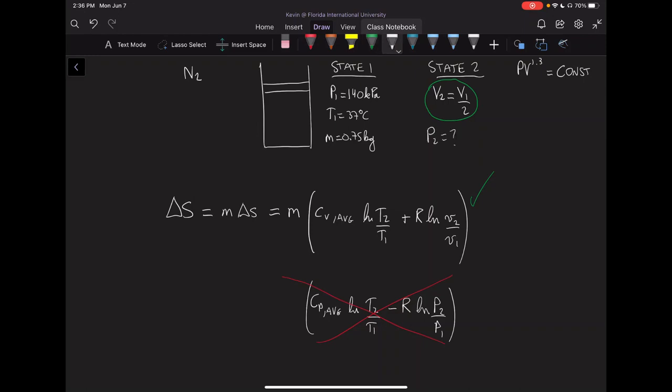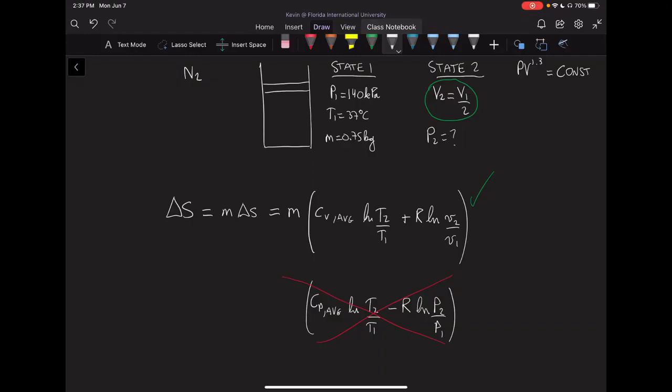So we try to keep it simple and use the equation that has the most information on it. You could have chosen the other one, and that's completely fine, but you would have to find pressure 2 in addition to what we already have.